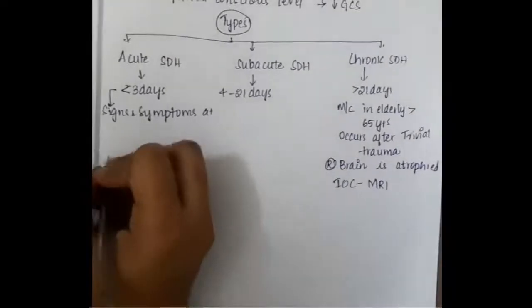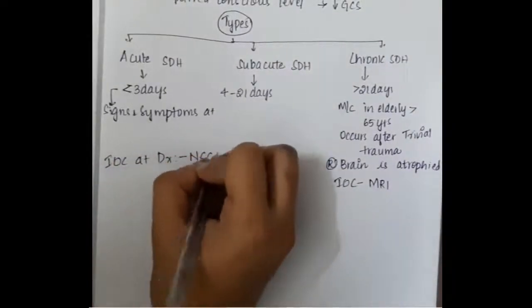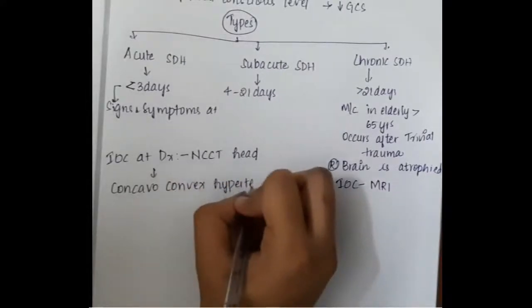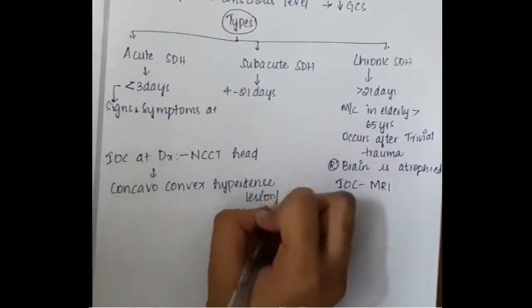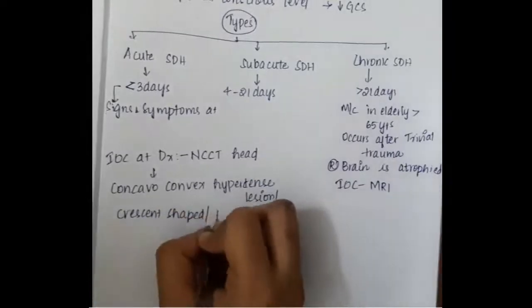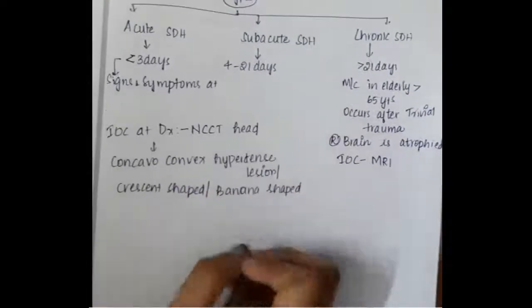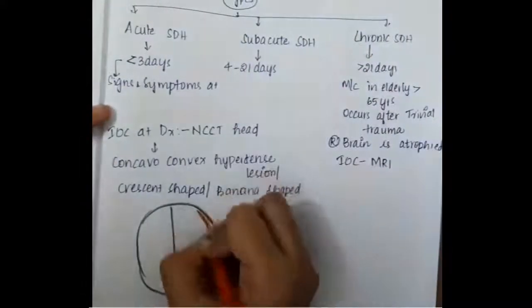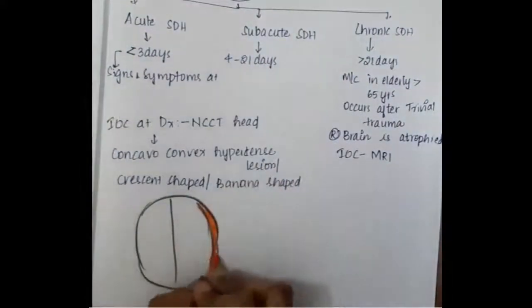Investigation of choice for subdural hematoma at diagnosis is a non-contrast CT scan of the head. In the non-contrast CT scan, you will see a concavo-convex hyperdense lesion, which is crescent shaped or banana shaped. If you see, this is the skull, and here you can see the crescent shaped or banana shaped lesion.